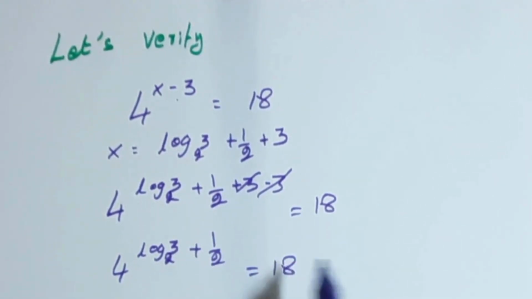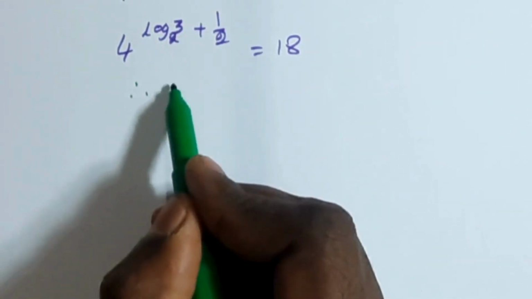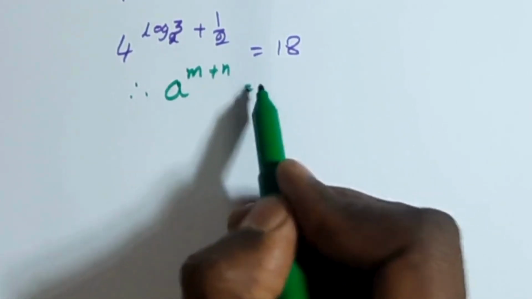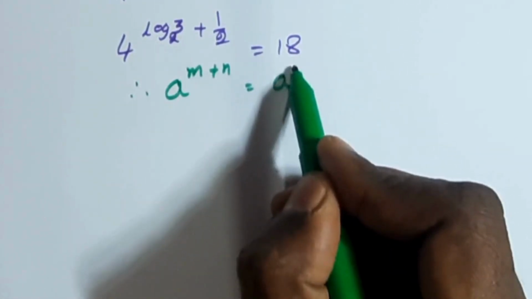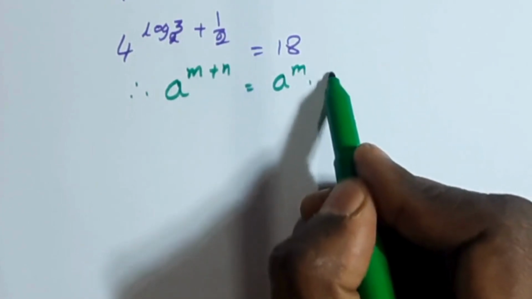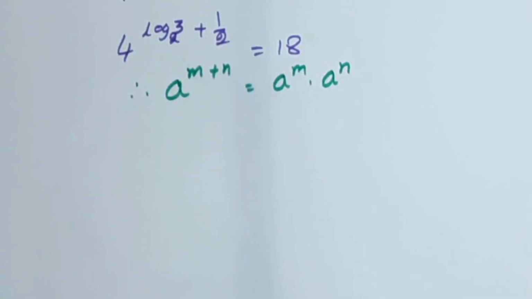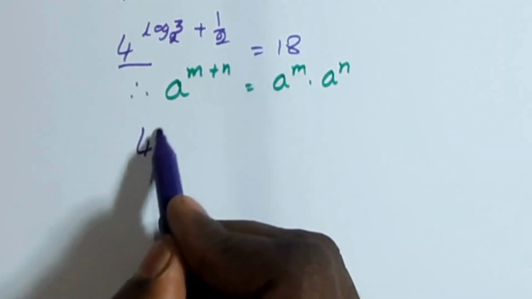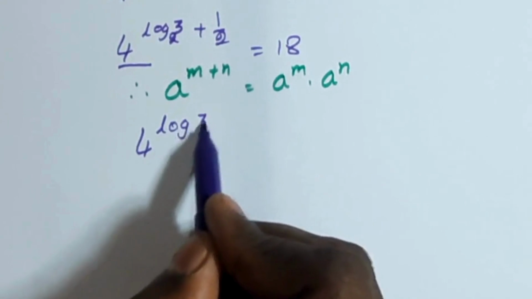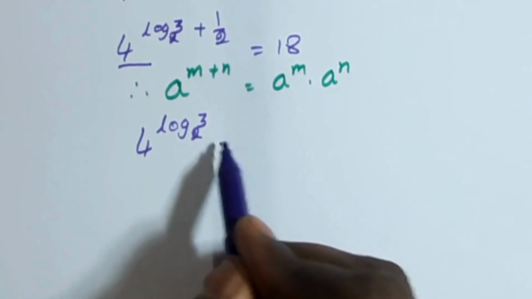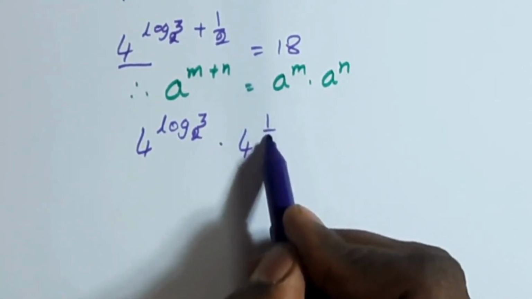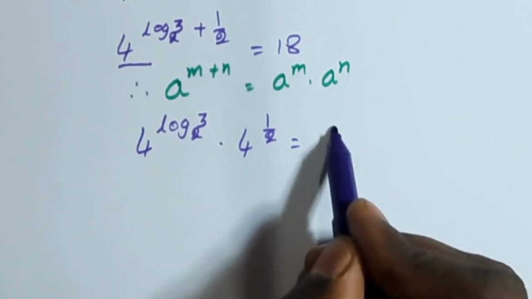equal to 18. Therefore, we know the formula that a power m plus n equal to a power m into a power n. We are going to implement this here. So 4 power log 3 base 2 into 4 power 1 by 2 equal to 18.